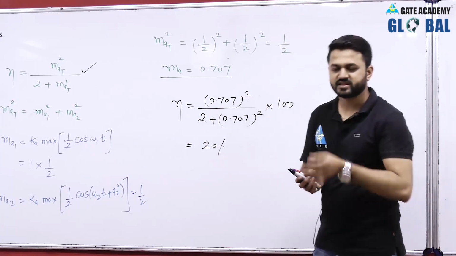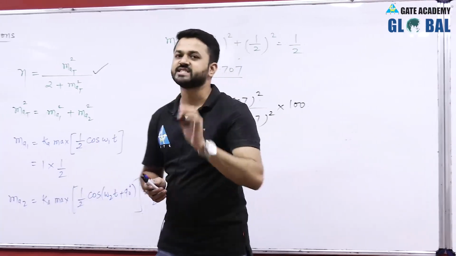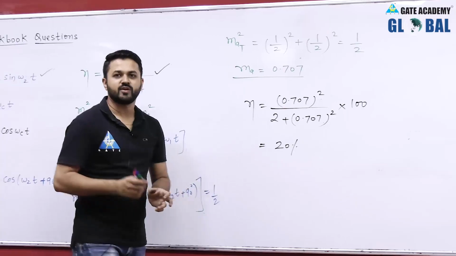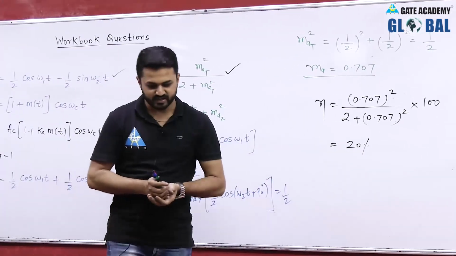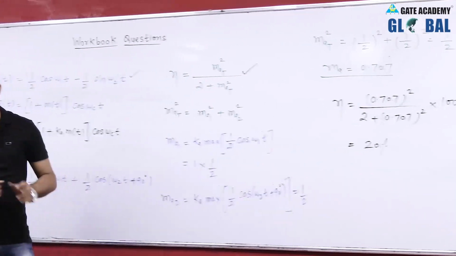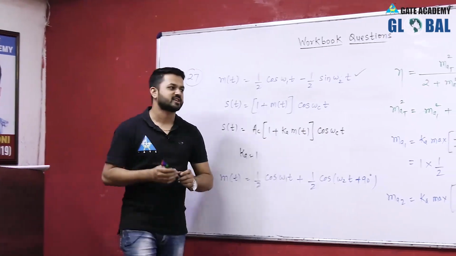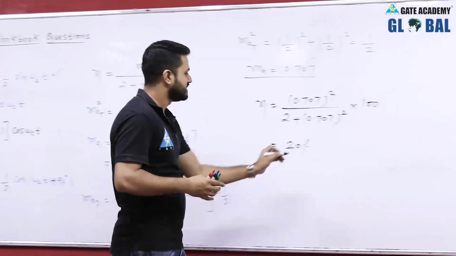We have calculated three values: for 0.5 it is 11.11%, for 0.707 it is 20%, and for MA equal to 1 it is 33.3%. So the power efficiency is 20%, and according to the options, the correct option is option C.